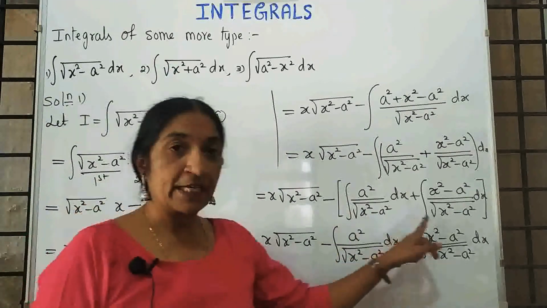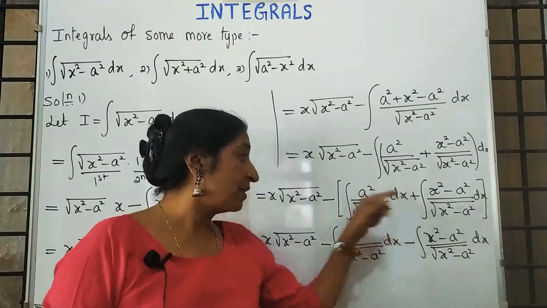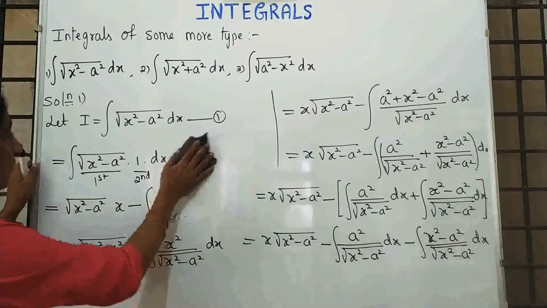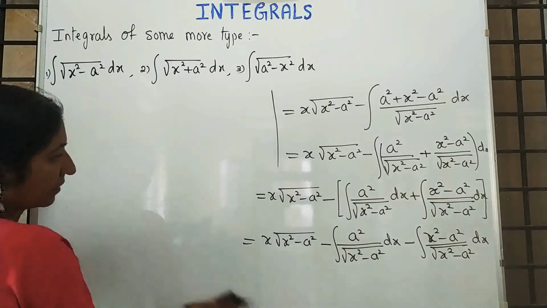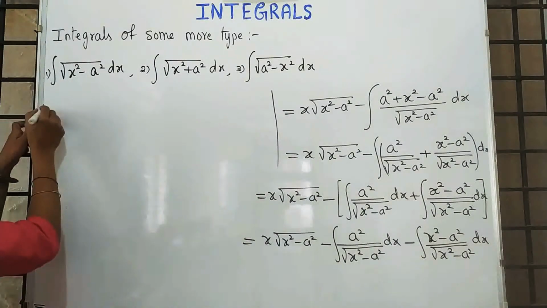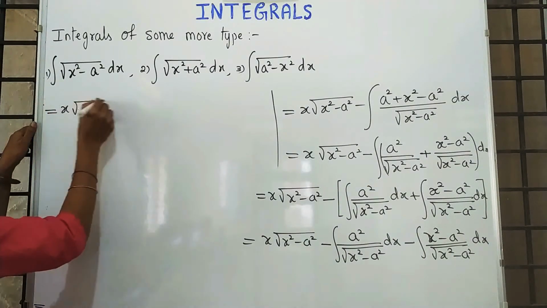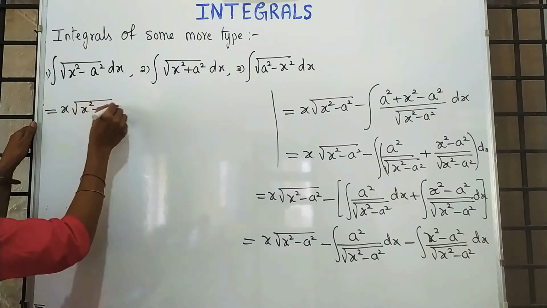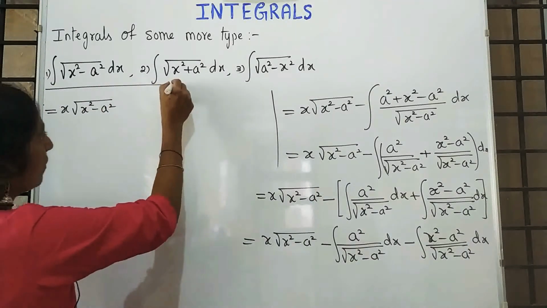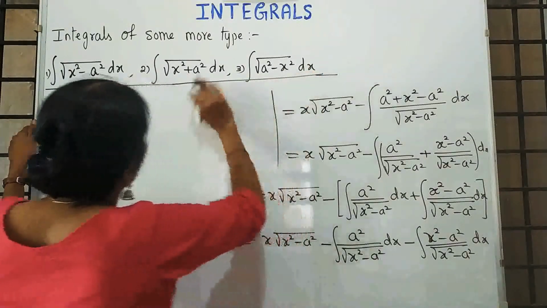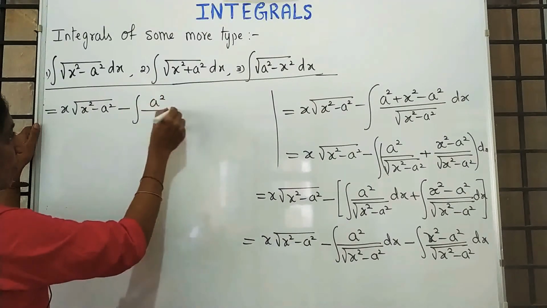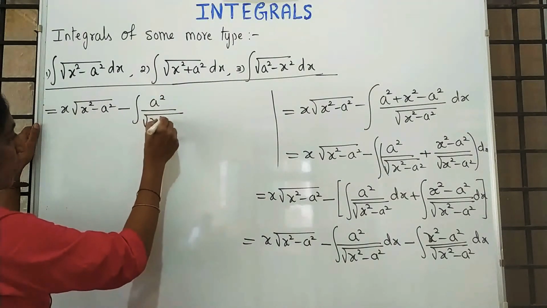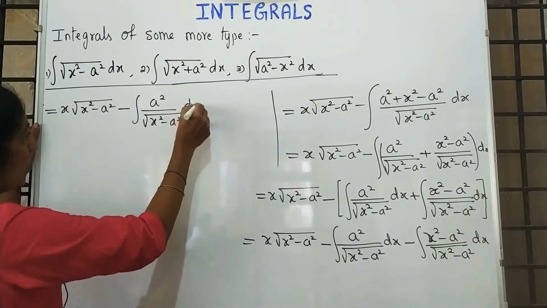First I took the integration separately, then I took minus inside the bracket. So after that, see how you are writing: x into root of x square minus a square. I separated them. Minus a square upon root of x square minus a square into dx.